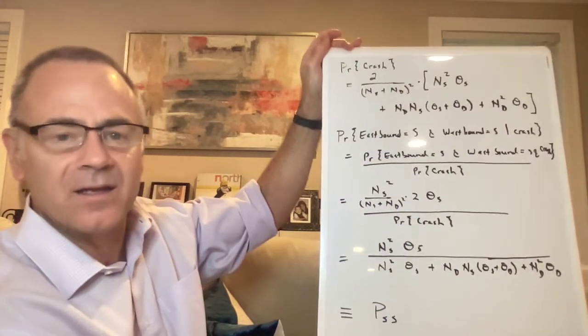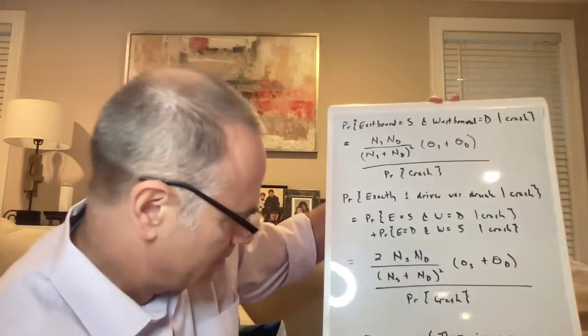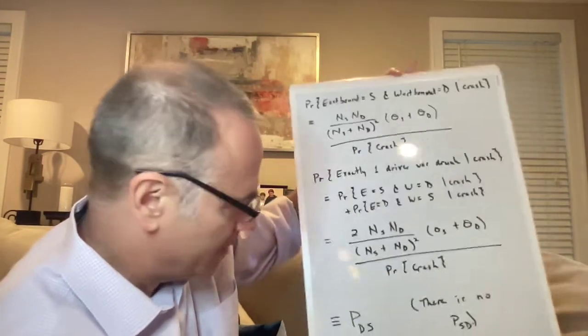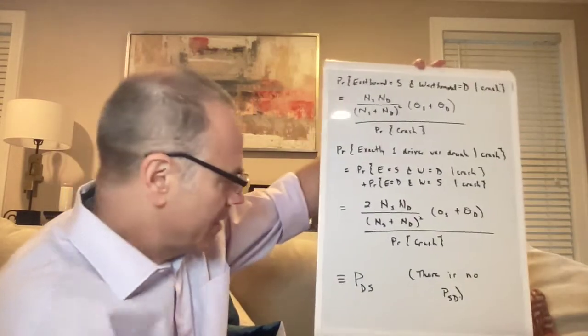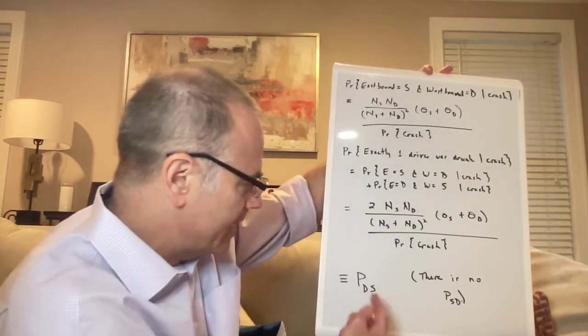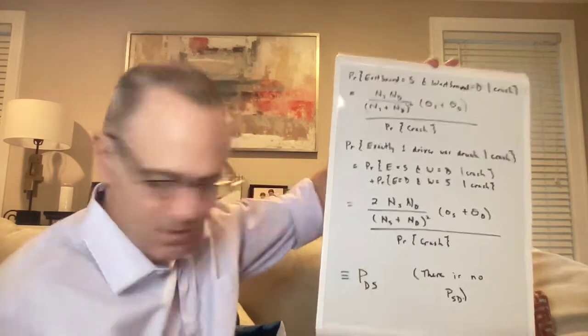I'm going to rewrite it in a second on another board. But the next thing I want to do is talk about PSD. I'm probably stating this wrong for a lot of cases.